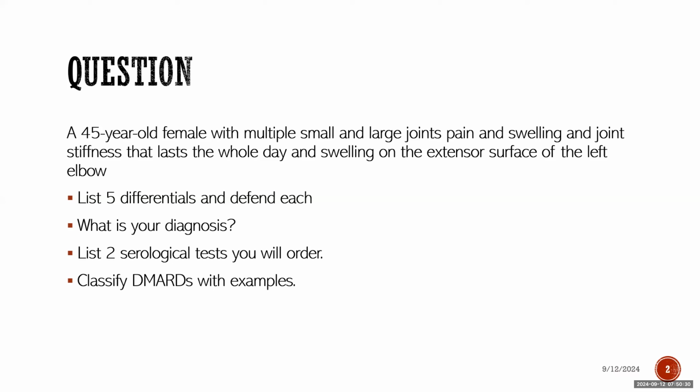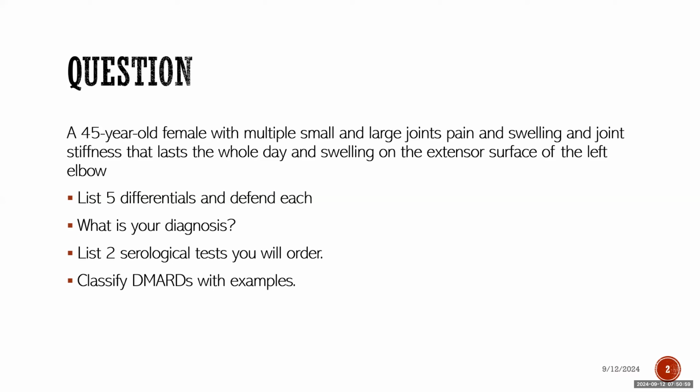Then if you look at the follow-up question, it said 2 serological tests. If you look at the other conditions, the serological tests might not be too specific to them. So we know that the plasma cells secrete those antibodies, the ACCP and the rheumatoid factor.